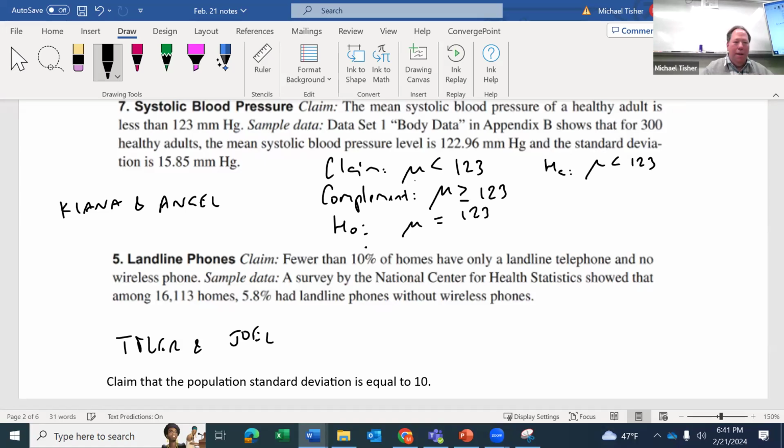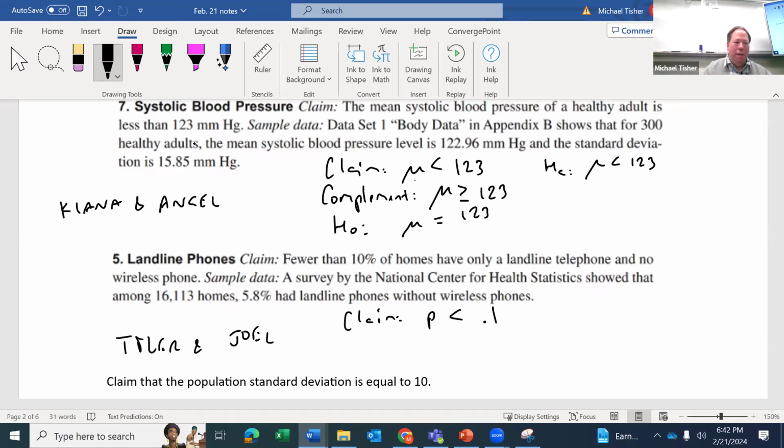Okay. Now number 5 is very similar because it deals with fewer than 10%. And so in that case, which symbol? Well, 0.1, yes. But is it equal 0.1 or less than? Yes. So P, because percentage is only 10%, so that's going to be P, not mu in that one. So P less than 0.1.